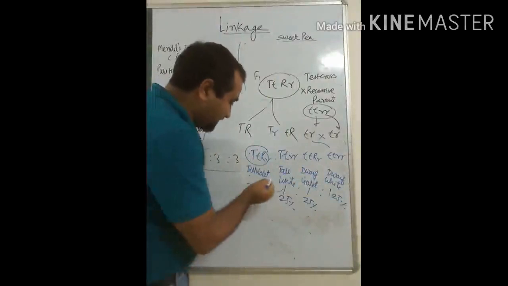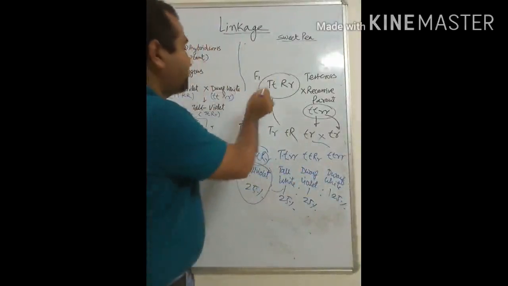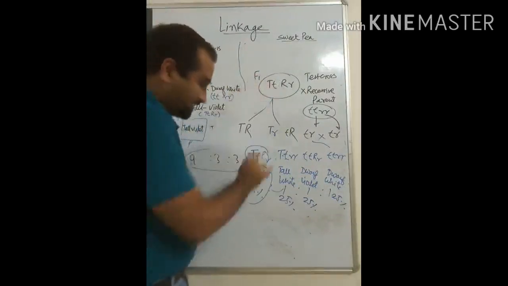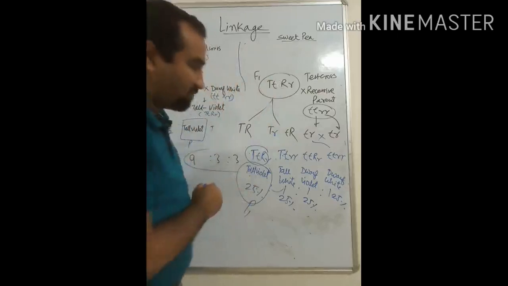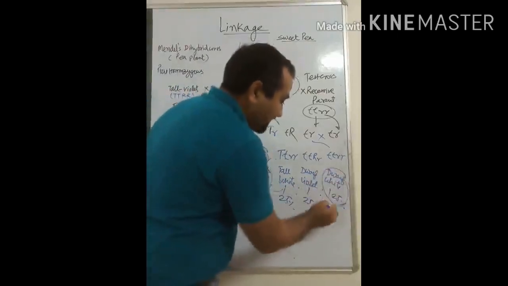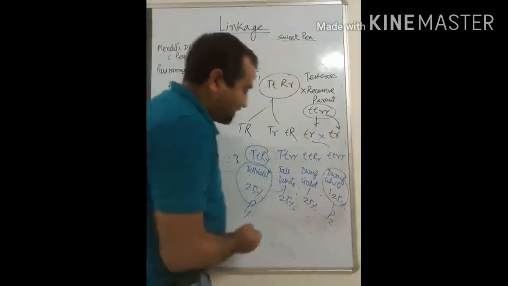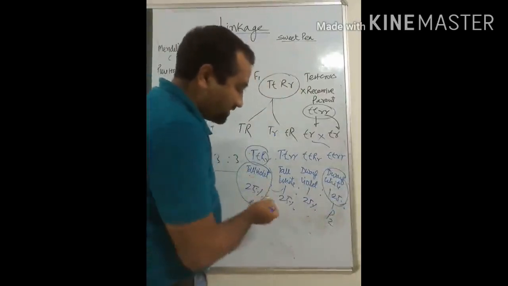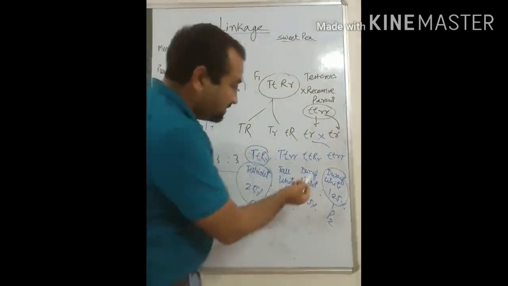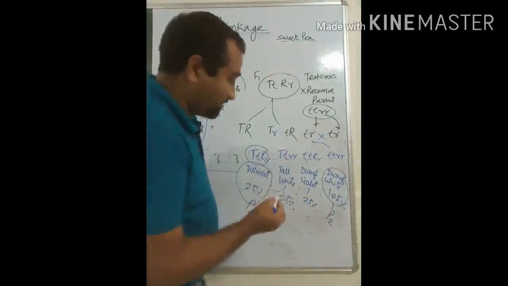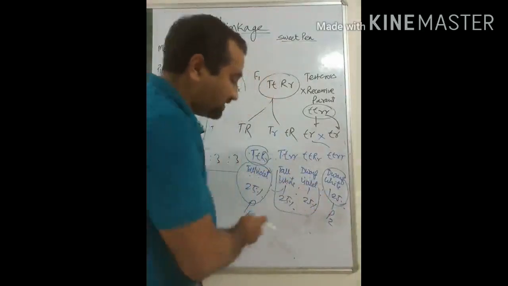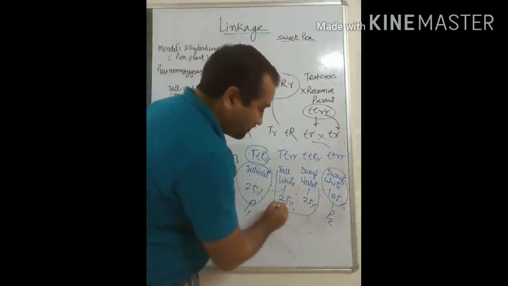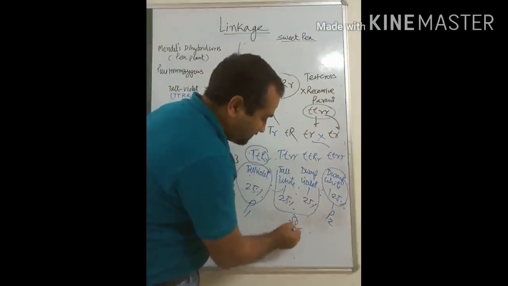So we can say that tall and violet is a parental phenotype P1, dwarf and white is another parental phenotype P2, but tall with white is a recombinant and dwarf with violet is a recombinant. So the total frequency of recombination is 25 plus 25, that is 50%.